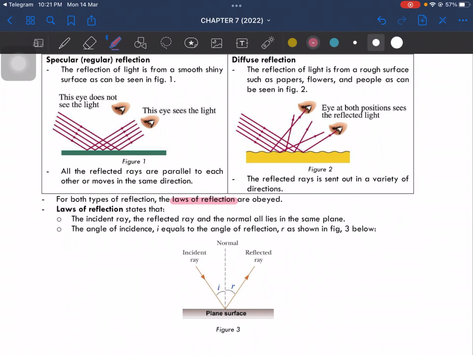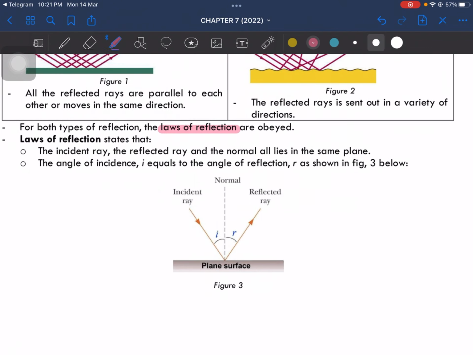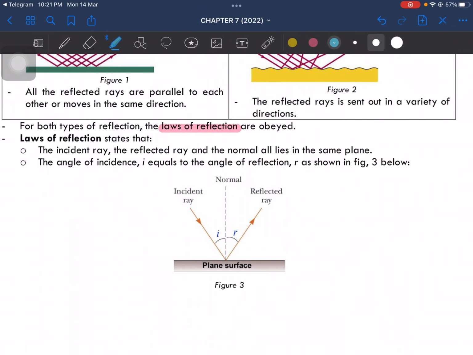So what is the law of reflection? It states that the incident ray, the reflected ray, and the normal all lie in the same plane, and the angle of incidence i should be equal to the angle of reflection r.